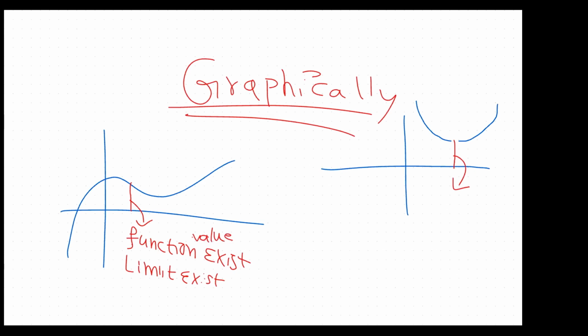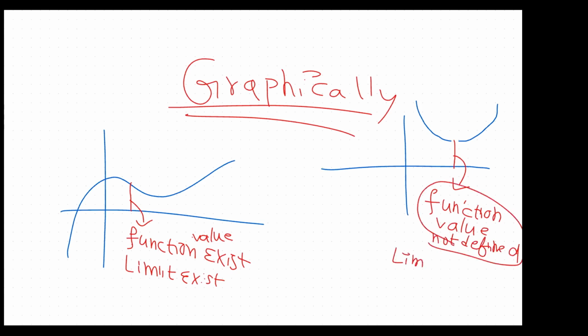Sir, no, because it is breaking, right? It's breaking, correct or not? So the function value is undefined. A break means the function value is not defined, okay? What about the limit? What about the limit? Limit exists, sir.